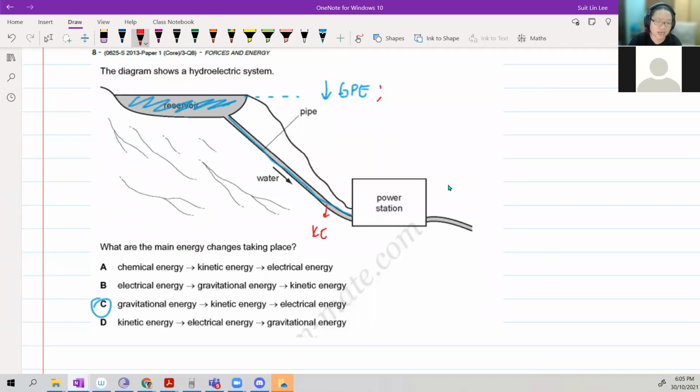So at this point, KE will increase. So GPE to KE. And then at the same time, in the power station, I will convert kinetic energy to electric energy by using a device called a dynamo. Not the bleach, but just a regular old dynamo.